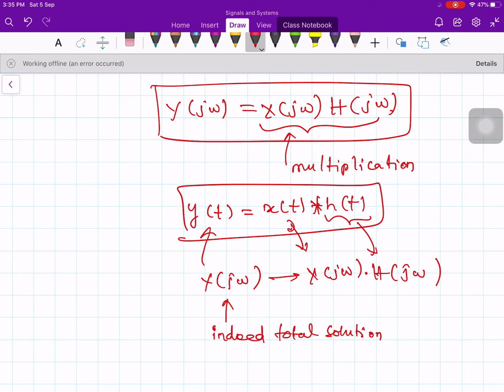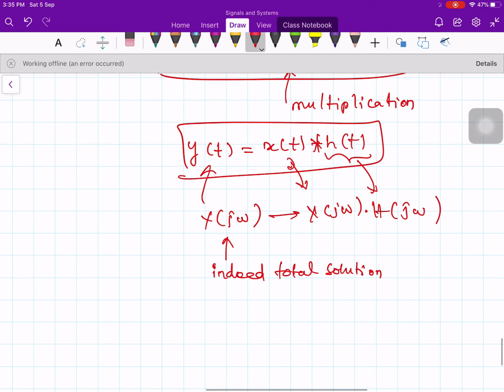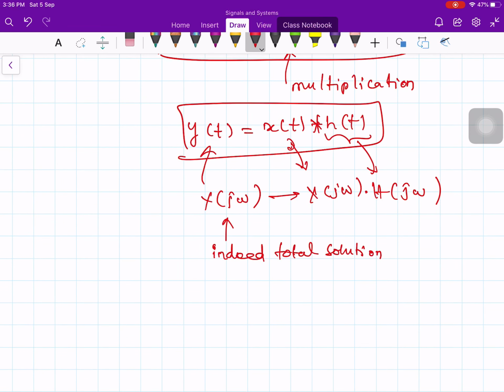For the time being, we assume that this is the total solution. I will explain a little later why it is. So, you can say that the Fourier transform of the output will be equal to the Fourier transform of the input multiplied by H of j omega.